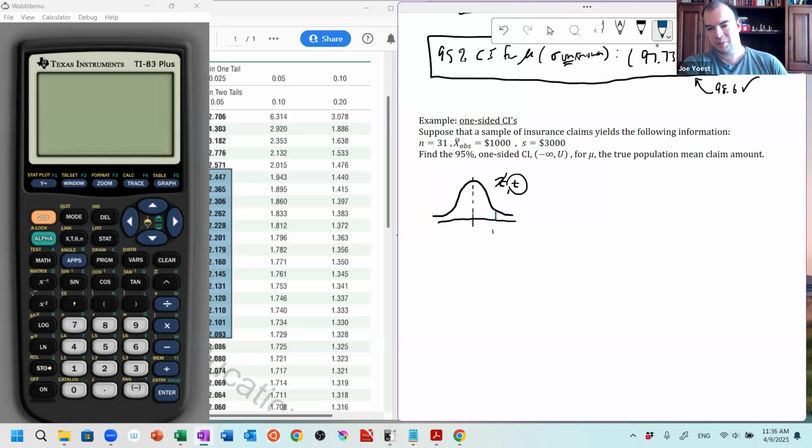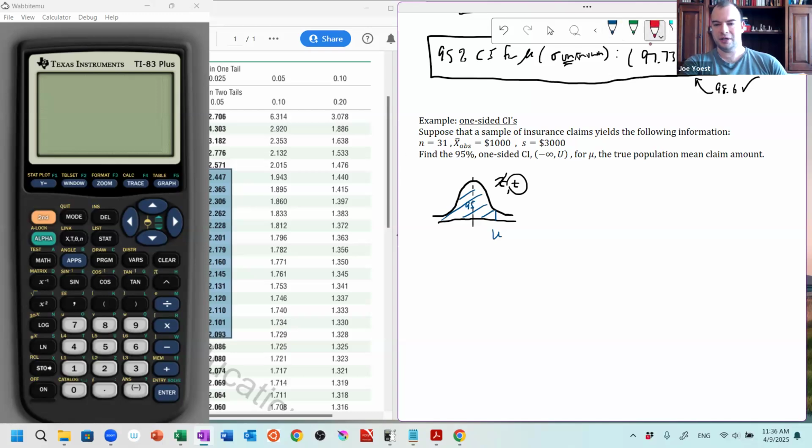And before I had an upper bound and a lower bound with 95% area between, and that split the error rate 5% evenly between two tails. What changes here? Well, all that changes is I just have an upper bound and no lower bound. I just have an area to the left of 95%.